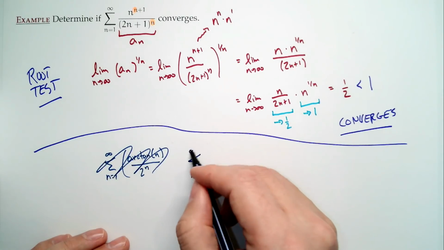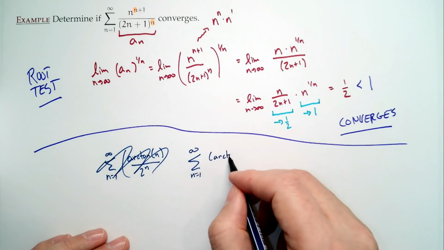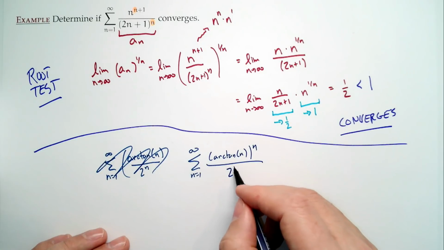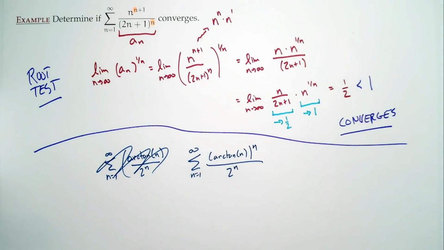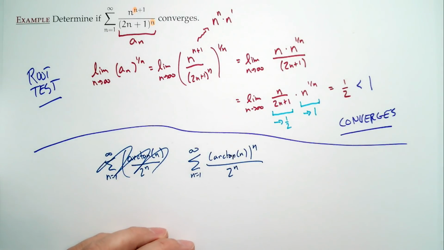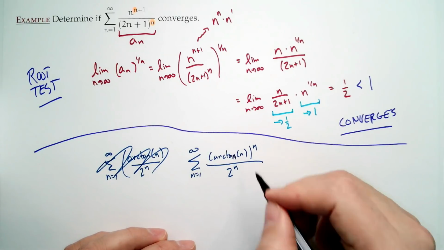Sum n equals 1 to infinity, arctangent of n to the n, and then that's divided by 2 to the n. Because it's been a couple of days since we've mentioned arctangent. I'm having my arctangent withdrawal. So I gotta throw it in.